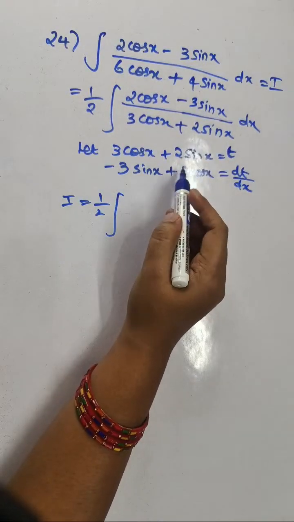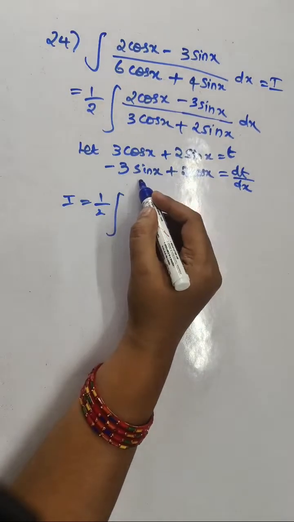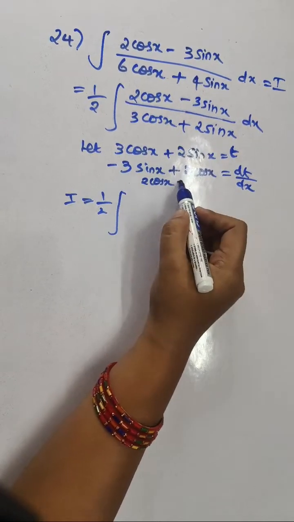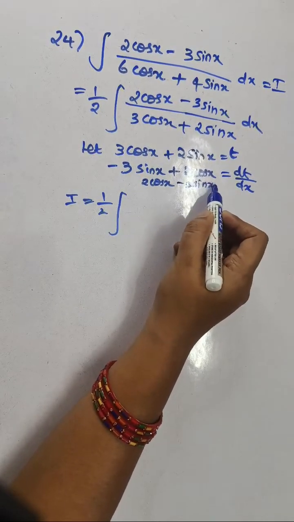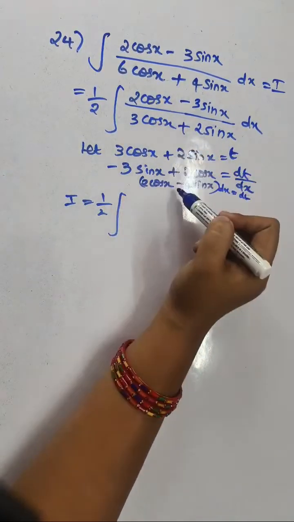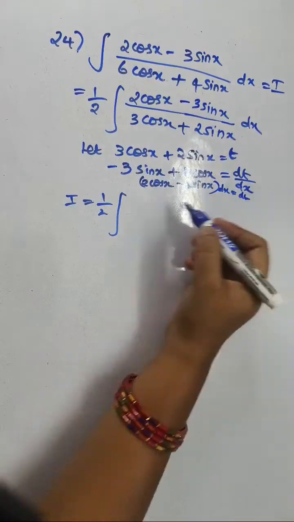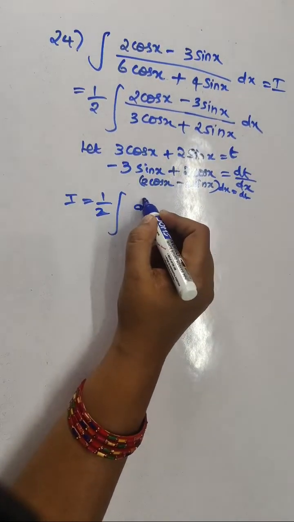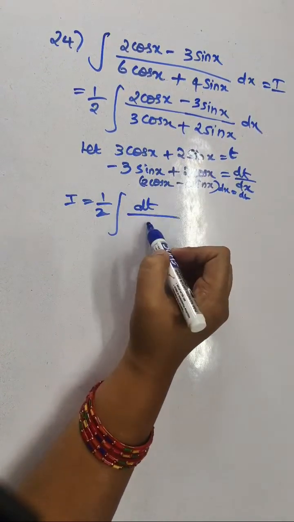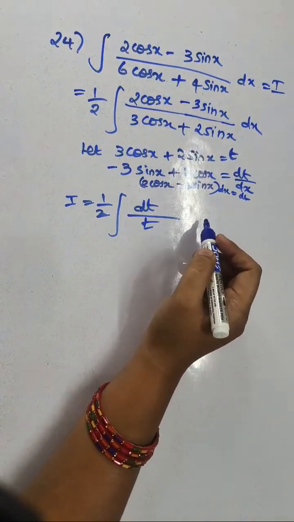Here we get, this can be rearranged as 2 cos x, I am writing positive terms first, minus 3 sin x as a whole into dx, that is dt. So if you see, you will get the numerator term. So as a whole, you can write it as dt by denominator part, we have taken it as t.